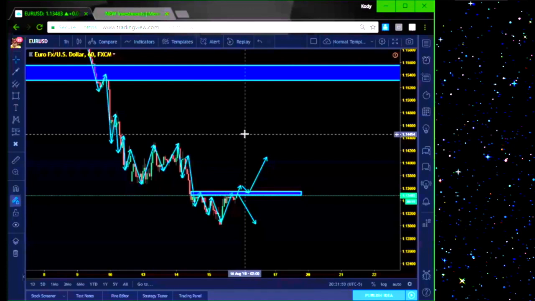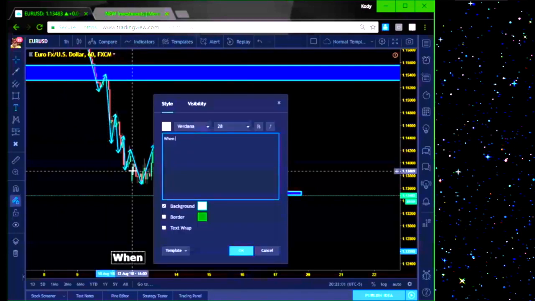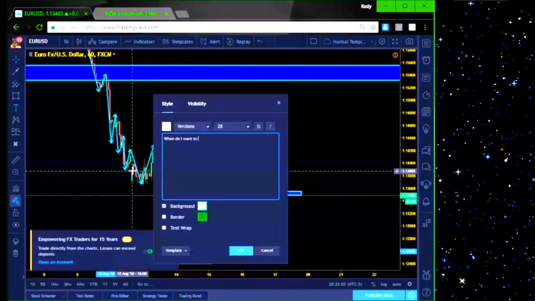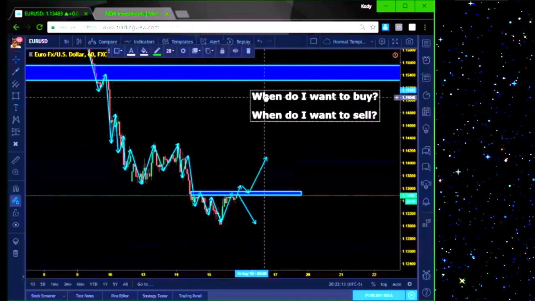What you have to do when you open up a Forex chart is ask yourself one thing. When do I want to buy? When do I want to sell? It's this simple, guys.